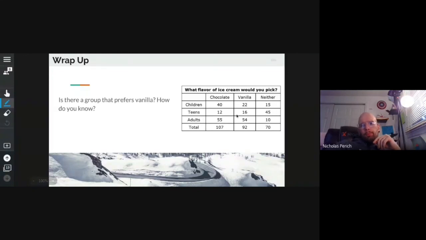Well, it seems to me that adults seem to prefer vanilla because that's obviously a larger number than the others. And teens seem to prefer neither, and children seem to prefer chocolate. So I would say, yeah, grown-ups. Oh, they're so lame.